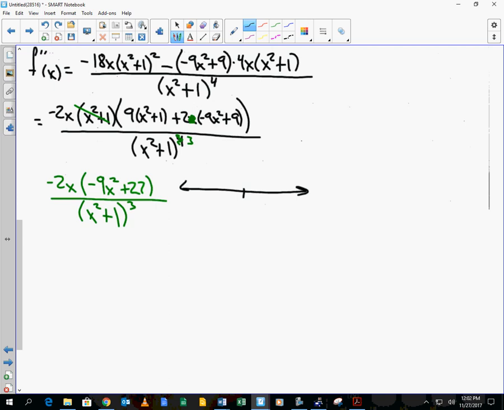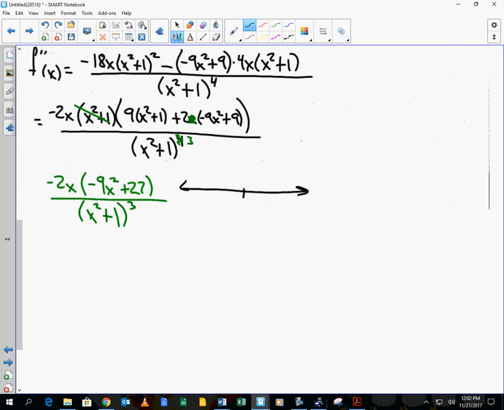So the x squared plus 1 goes away. And then as you look here, 9x squared plus negative 18x squared is a negative 9x squared. Then 9 times 1 is 9, and 2 times 9 is 18. That makes 27.